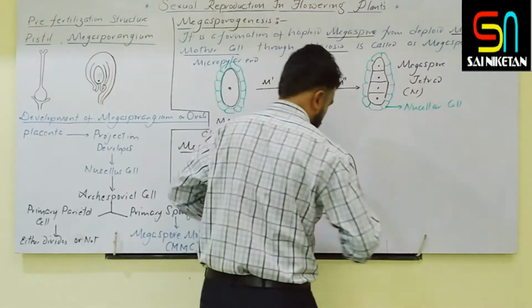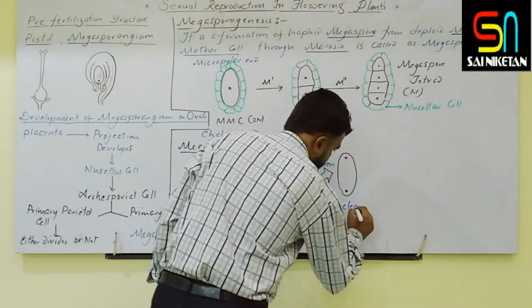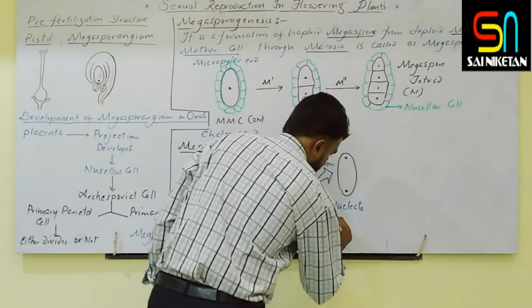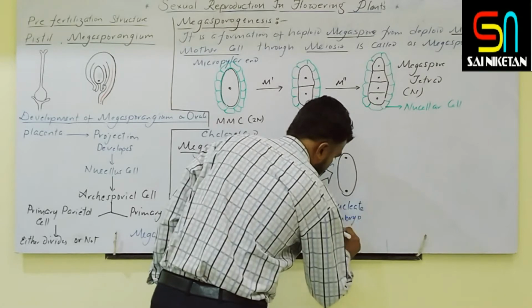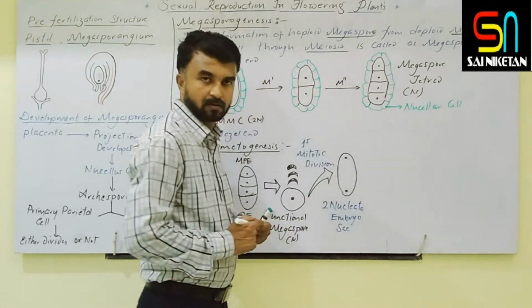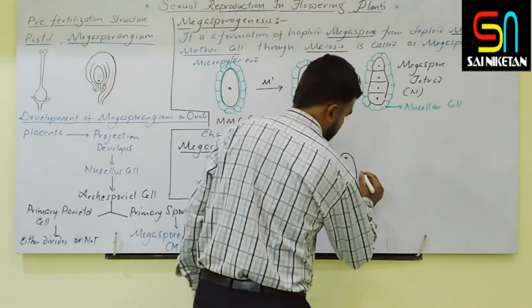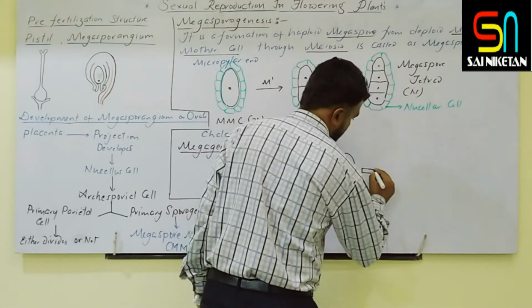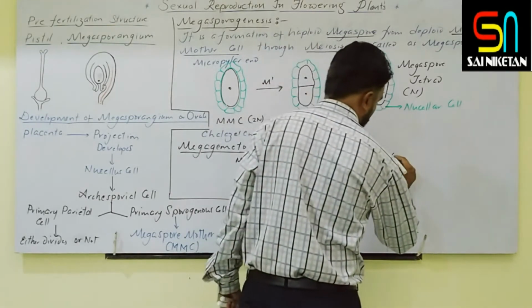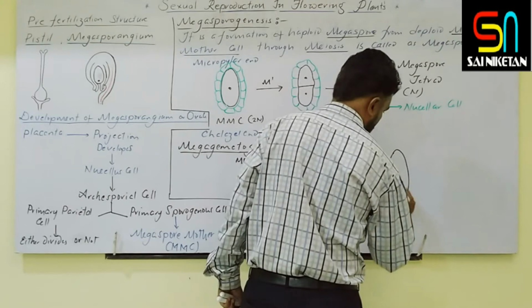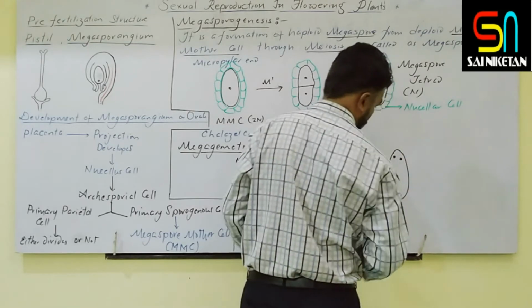This is a 2 nucleate embryo sac. Now again these 2 nuclei undergo second mitotic division and form 4 nuclei.